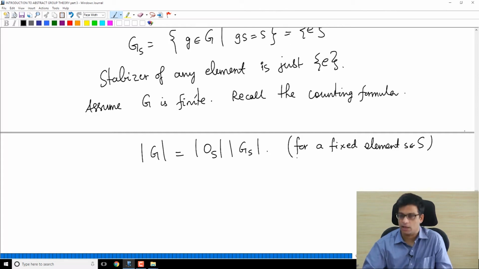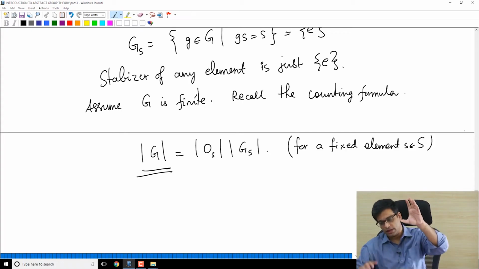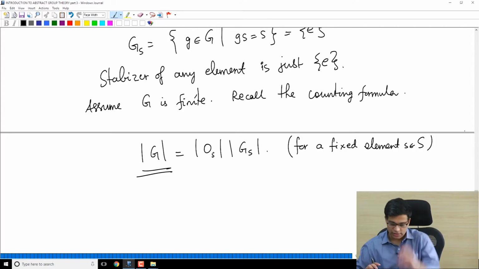Here again S is an arbitrary set and G acts on it. So remember the dynamics here. The left hand side is fixed. If for some element there is a large orbit, the stabilizer must be small. If the orbit is small, the stabilizer must be big, because the product of these two is the order of G.